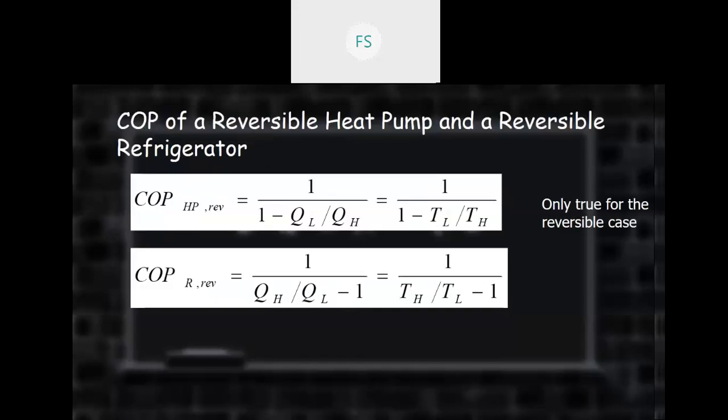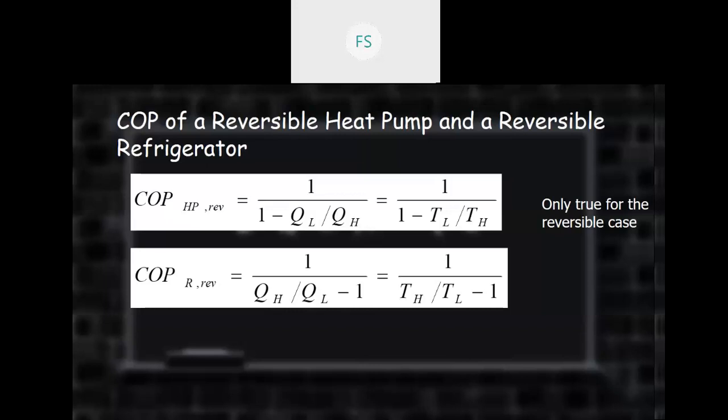Then for the reversible heat pump and reversible refrigerator, we can change the Q to the T as well. For example, COP HP for the reversible, for the Carnot, can be written as 1 over 1 minus TL over TH for the heat pump.